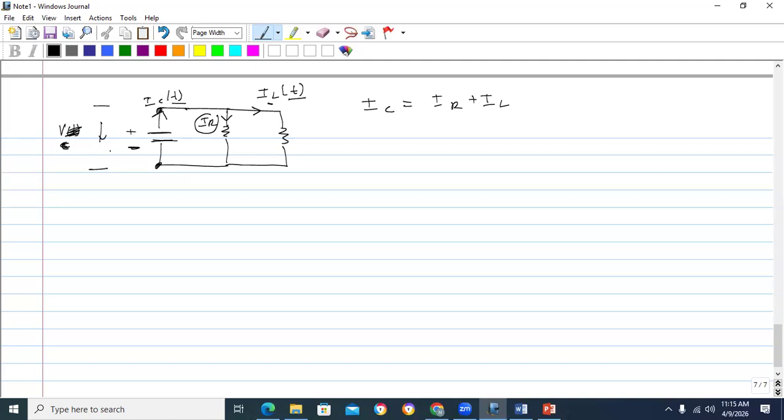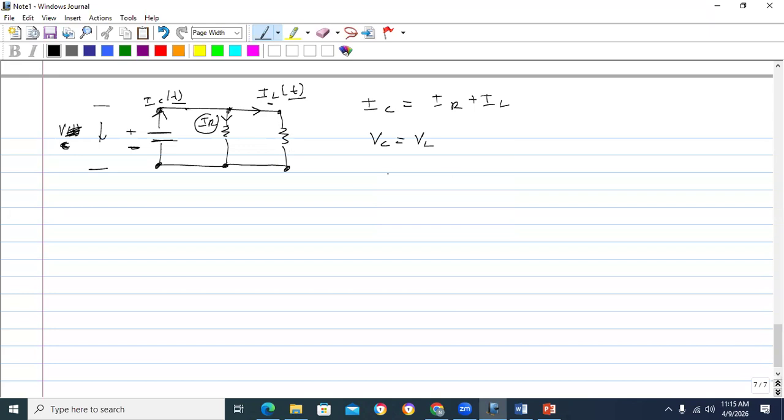Okay, VC. And now you can see that VC and VL, this one and this one are same, no? So here actually VC equal to VL. This is the inductor voltage.